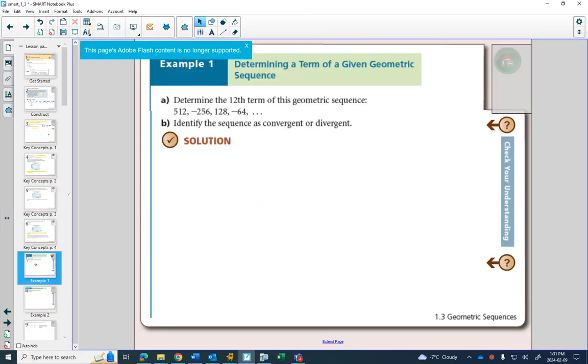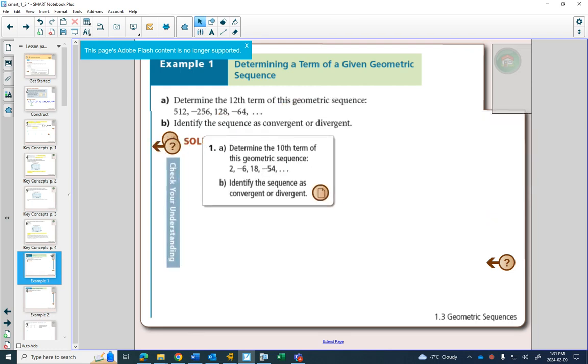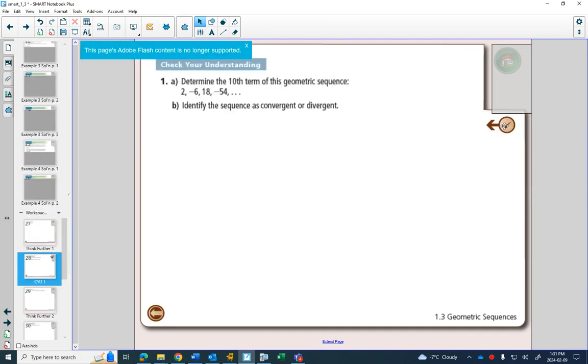So just like our arithmetic sequences, we are going to have formulas that we're going to discover. These formulas are on our formula sheets as well. So, determine the 10th term in a geometric sequence.